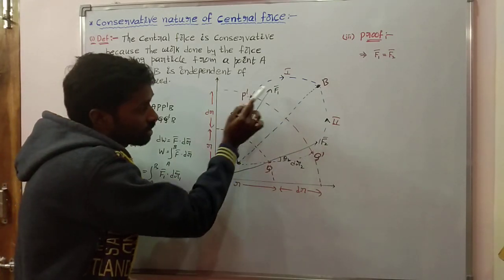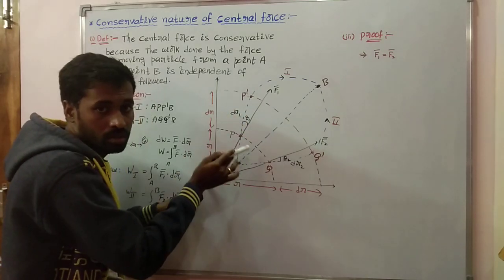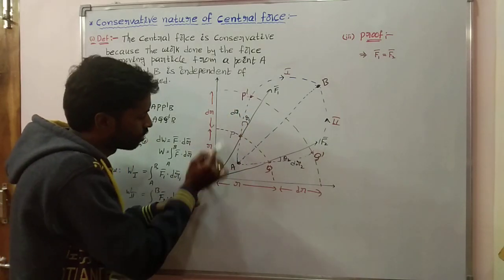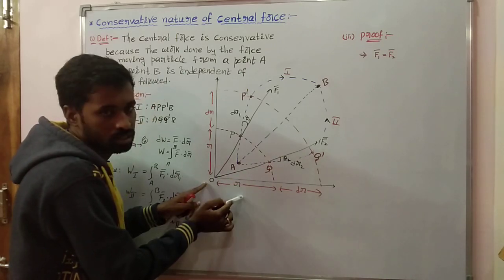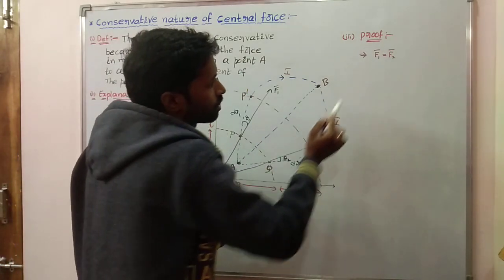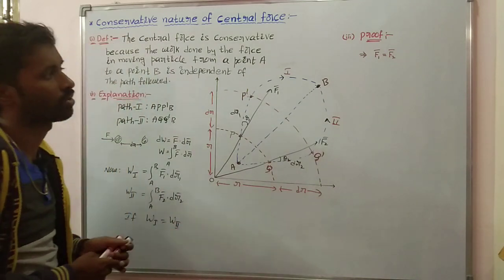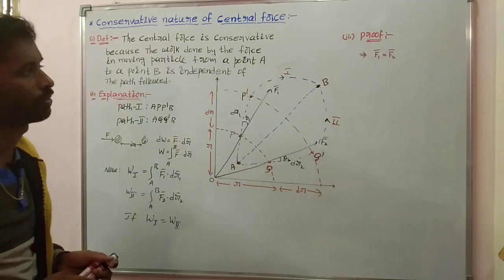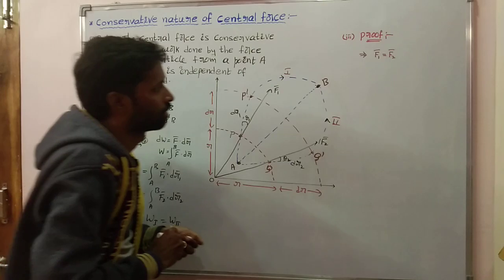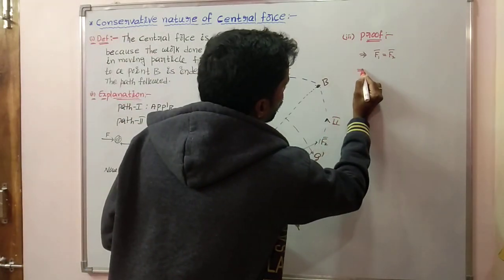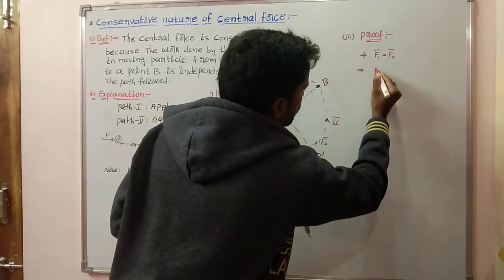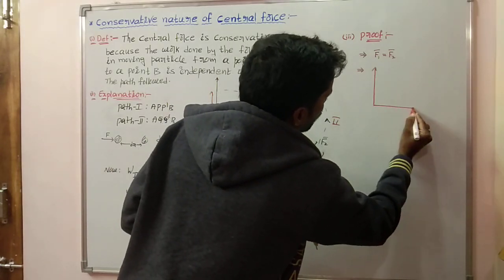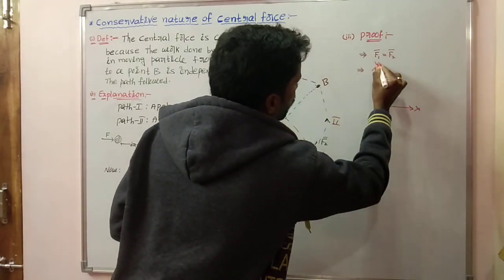The central force depends upon a function of r, the distance r. These two forces act at the same distance, and that's why these two forces are equal. That means F1 bar is equal to F2 bar. And another one is, let us take x axis and y axis.